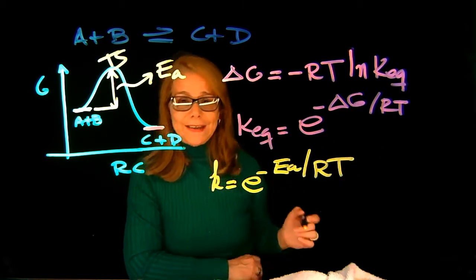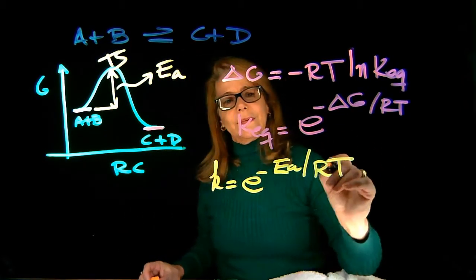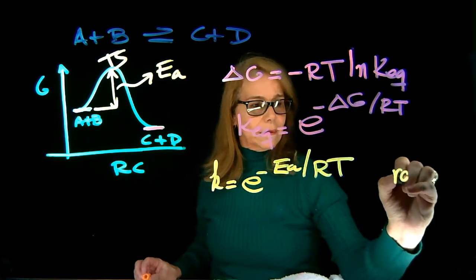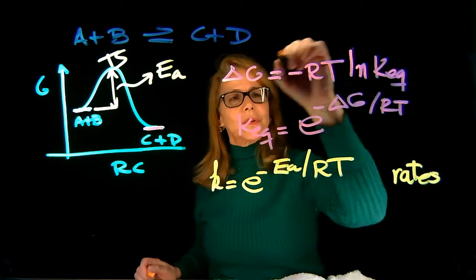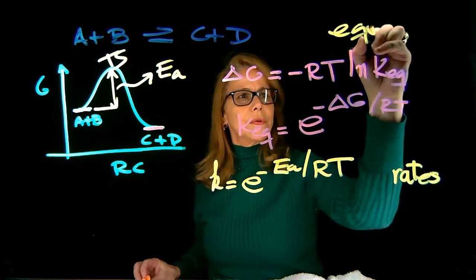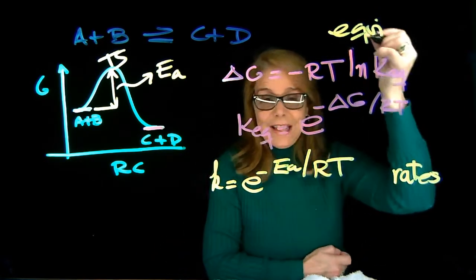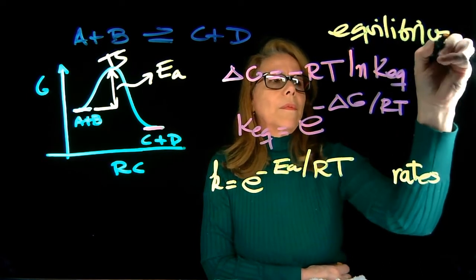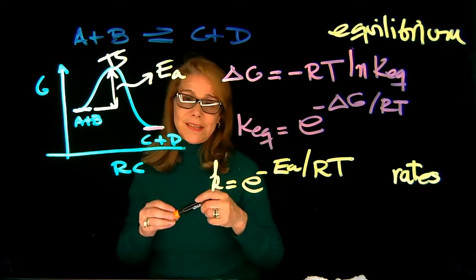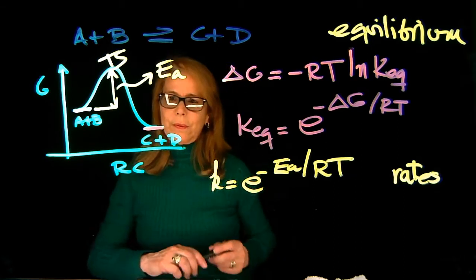So that's kinetics. That is what you will see, the rate, and that change in delta G is where you see the position of the equilibrium, so if the process is reactant favored or product favored.